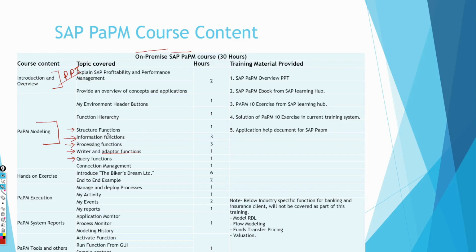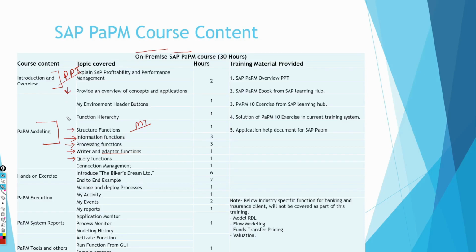For these functions, the approach will be that I will first explain each function individually. For example, under information function, there is a function which brings data into PAPM, for example, model table. First I will explain what is model table and I will show this in system. After this PPT, whatever I show you, I will refer documents.